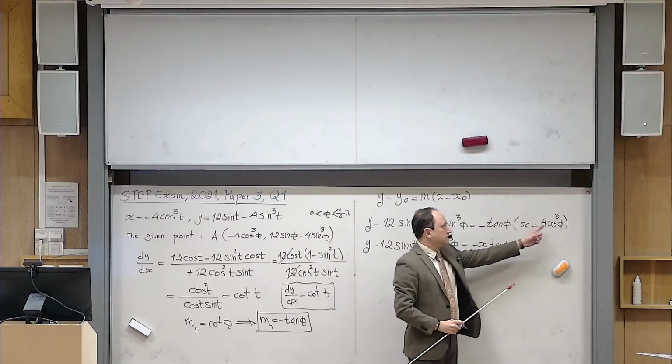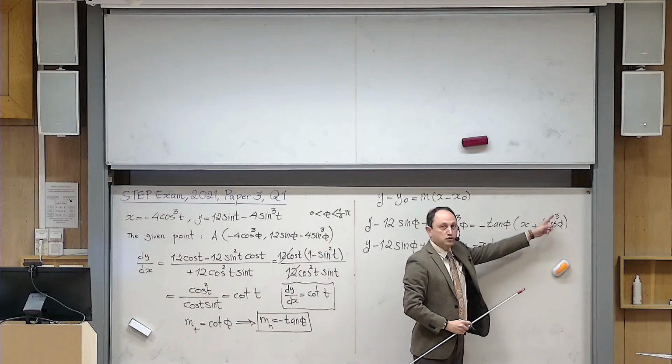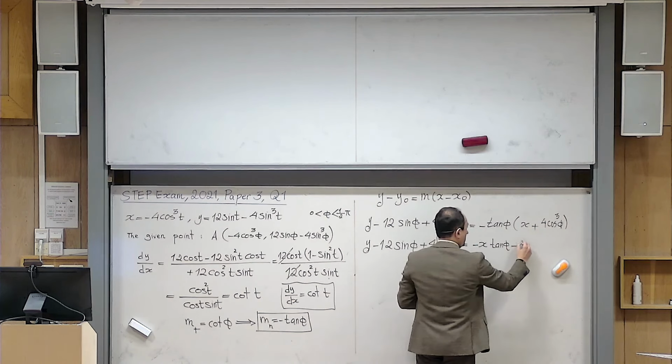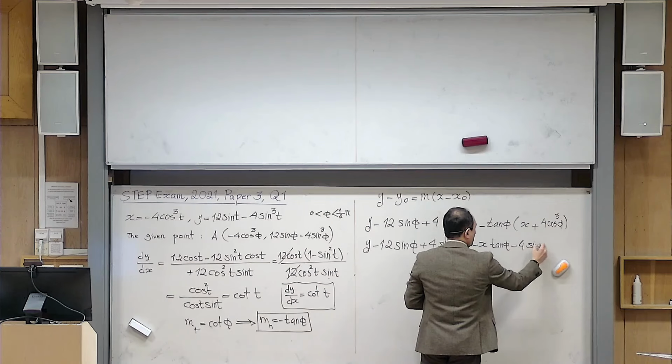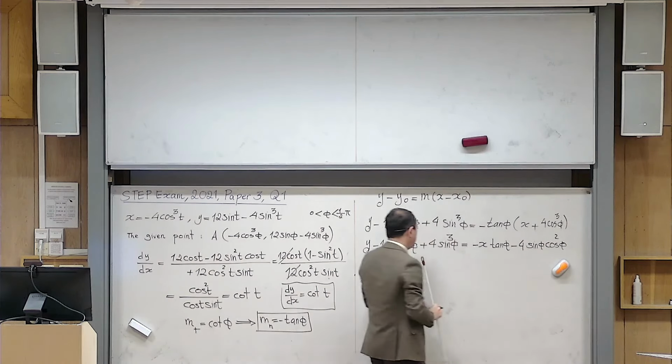One cosine will simplify one of these cosines, so one sine, 4, and cosine squared are left, and a negative sign, so it becomes negative 4 sine phi cosine phi squared.